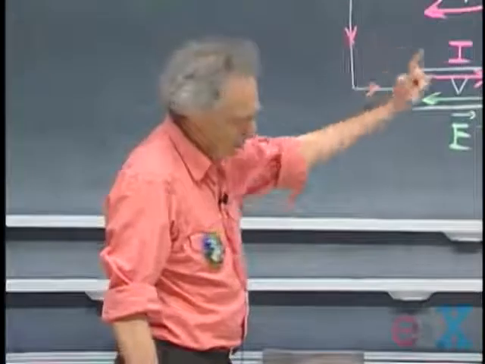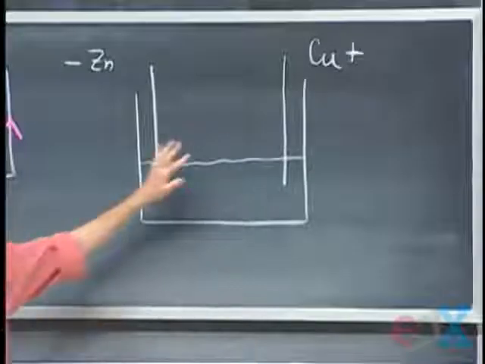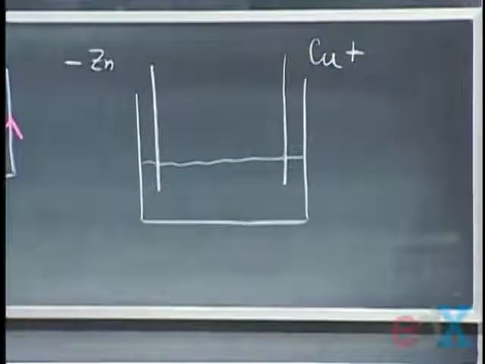You will get a potential difference between these two plates. To understand that really takes quantum mechanics. This goes beyond this course. But the potential difference that you get is normally something around 1 volt.